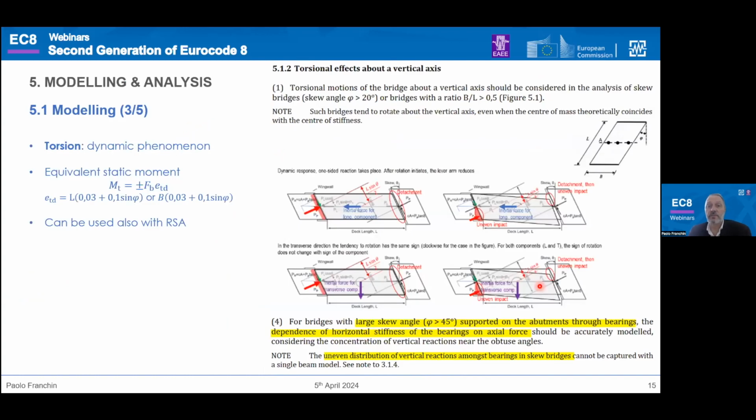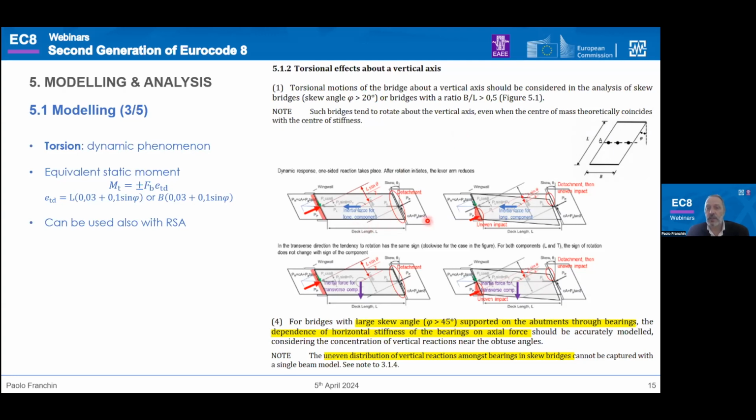Skew is important in many situations, but it's important for bridges in the seismic design situation, because this usually leads to torsion around the vertical axis.